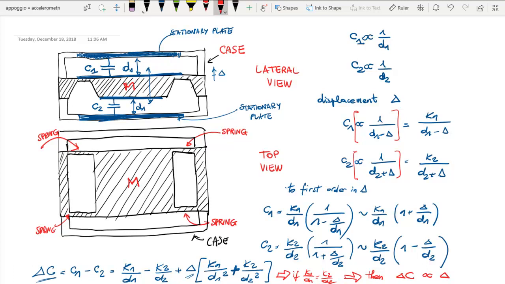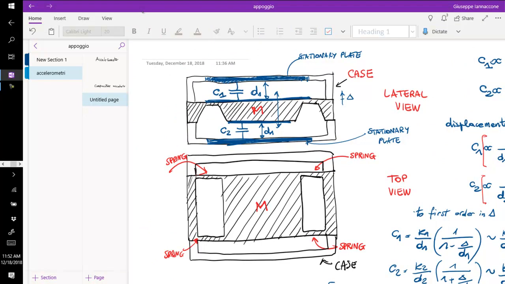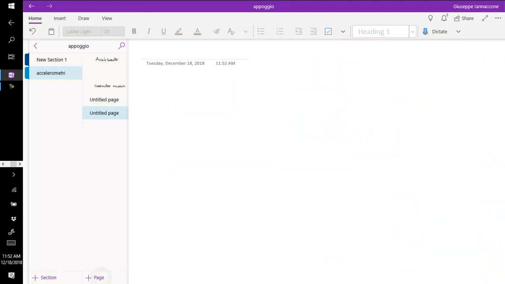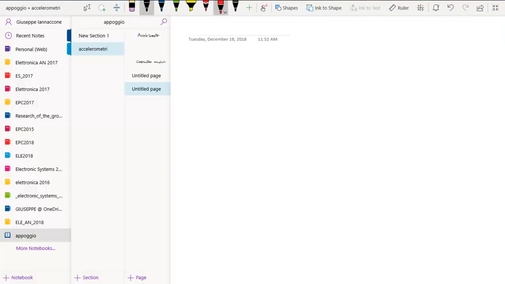So now we need to transduce the capacitance into a voltage. And so let's make the final step. The final step is a capacitance to voltage transducer.